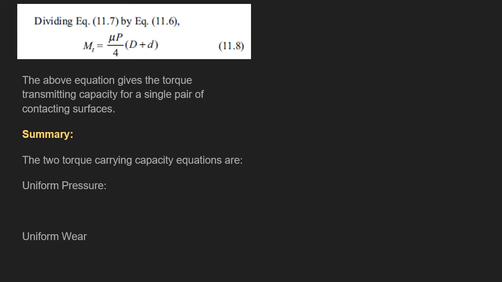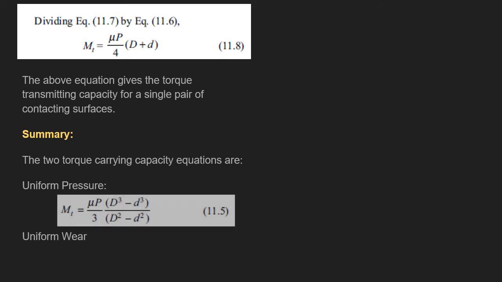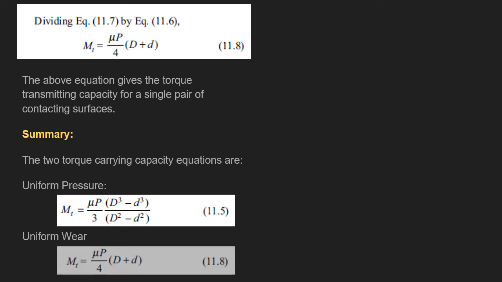Now if we summarize what we have derived so far, the two torque carrying capacity formulas are: for uniform pressure, mu P by 3 into (D cube minus d cube) divided by (D square minus d square), equation 11.5. And for uniform wear, what we have just obtained, mu P by 4 into (D plus d).